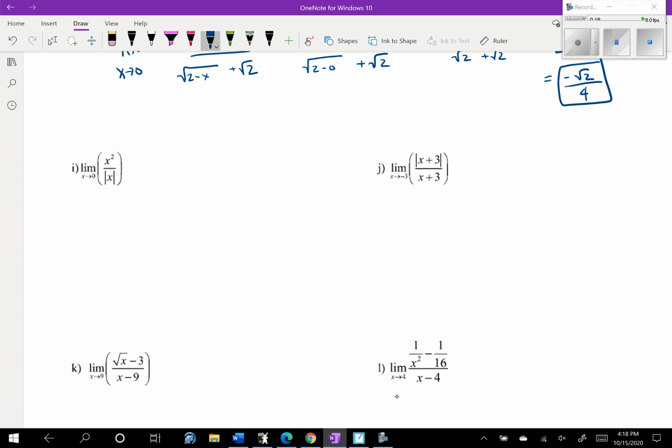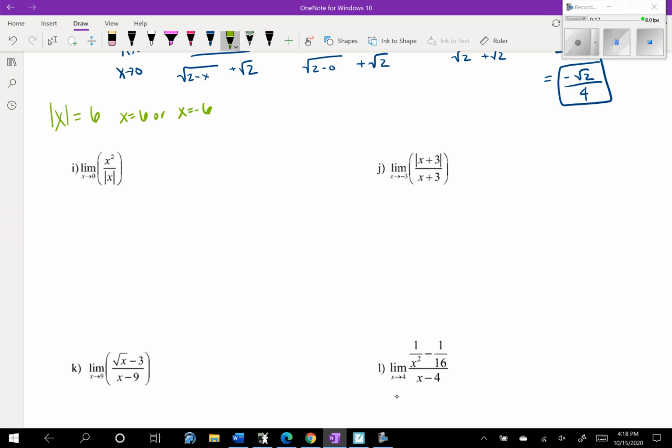When you are working with absolute value functions, you have to be careful because remember, when you solve the absolute value of x equals, let's say 6, remember there's 2 solutions. You have x equals 6 or x equals negative 6. You have the positive and the negative answer. So when you are looking at the limits of 0 with an absolute value, you have to look at the left and the right side of the limit.